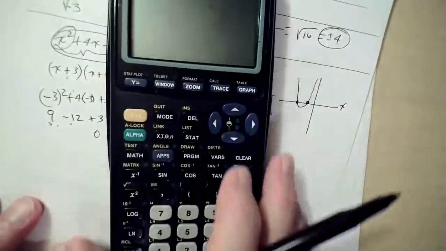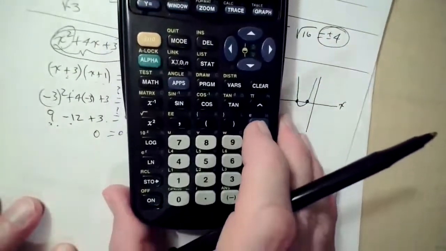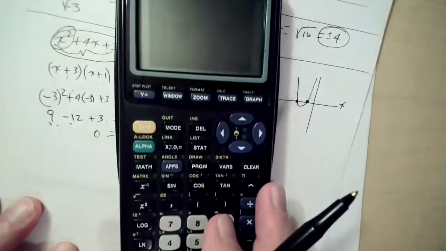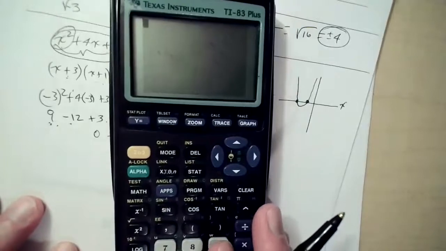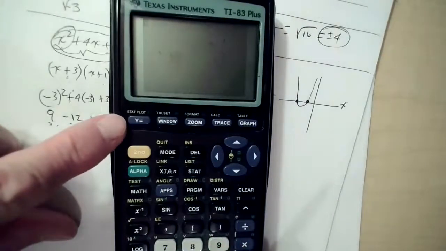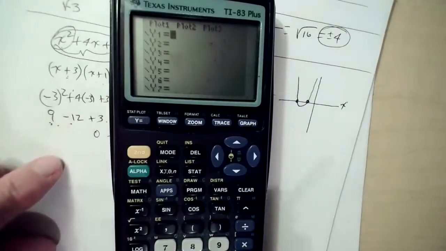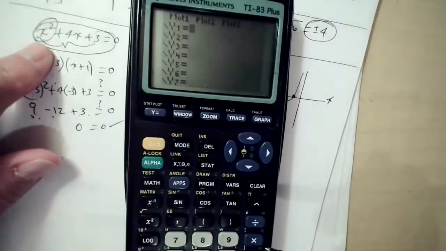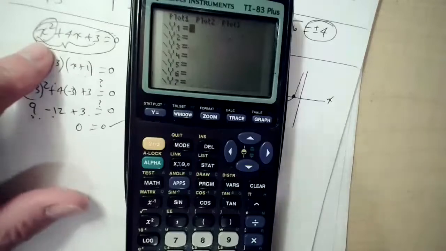Now, if you use your handy dandy graphing calculator, first thing you do is turn it on. Then you go to y equals, it's right up here, y equals, and then put in x squared. Now, x is not this.